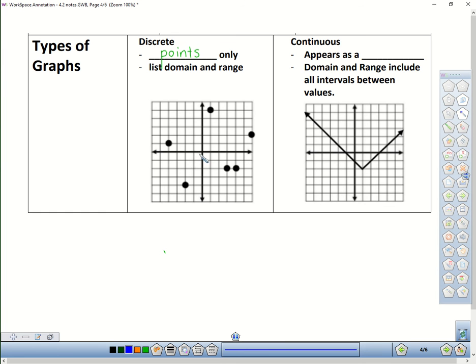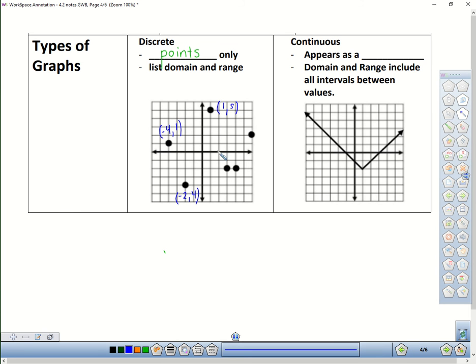Okay, so we find all the coordinates. So this would be -4, comma 1. Why negative? Because it's in the negative x direction. And then this would be -2, comma 4. This is 1, comma 5.